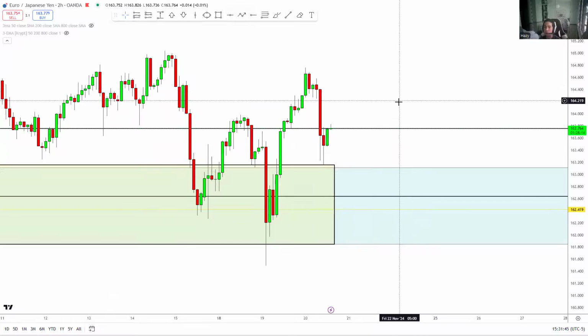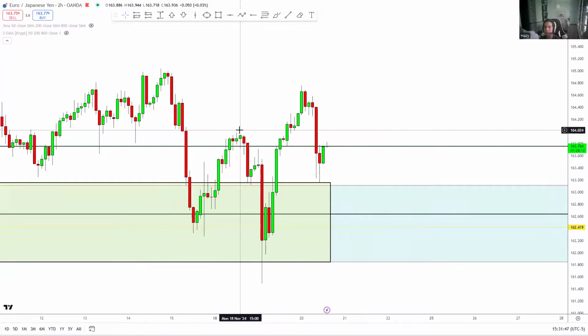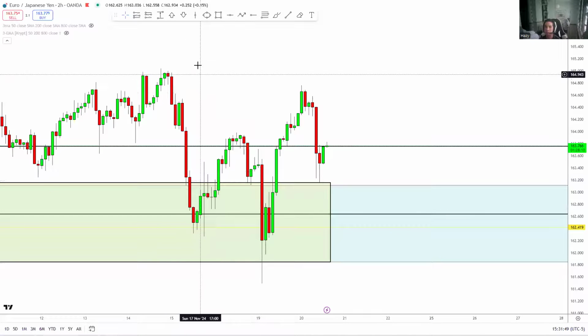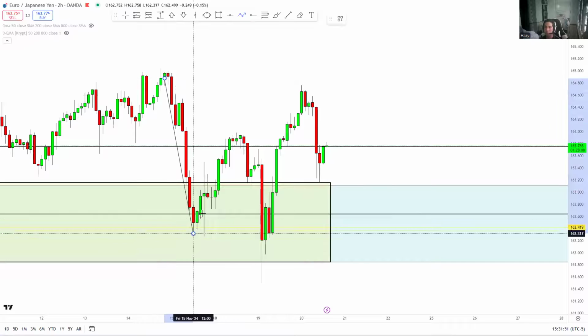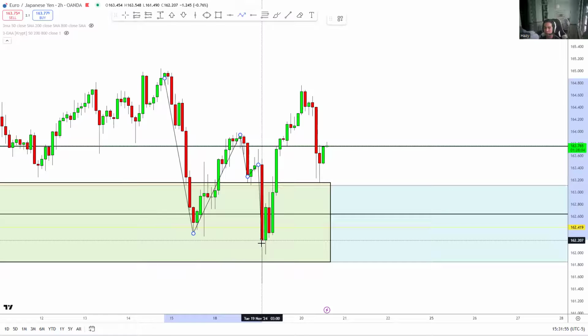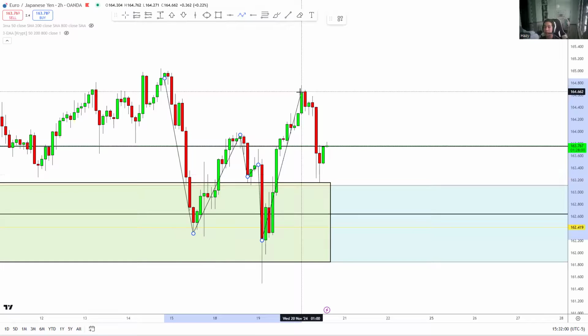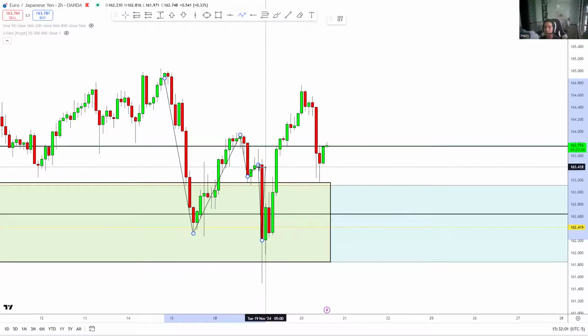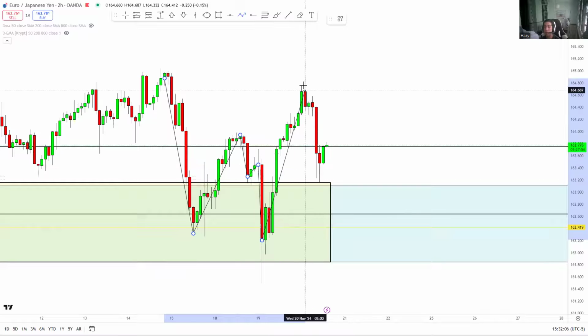If we go to the 2 hour, we can see the same thing. We have bearish structure, lower low, lower high, lower low, lower low, lower high, lower low, and then we have a higher high, breaking this previous lower high.